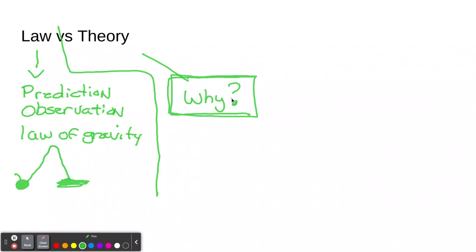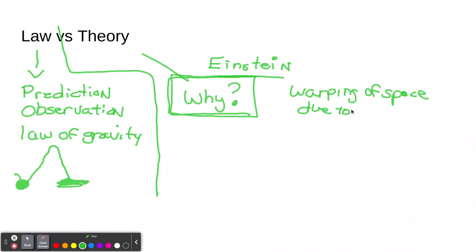That's the theory. And when we're talking about theory, we can talk about Einstein's theory or Newton's theory. According to Einstein, gravity is the warping of space due to mass. And of course, there's more involved in this, and I'll explain that in other videos.